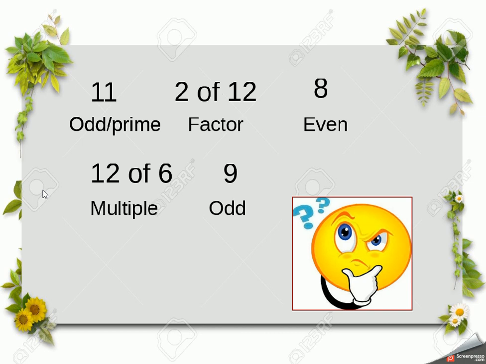And because it's not 12 fitting into 6, it's 6 fitted into 12, that's telling us that 12 is a multiple of 6. 6 will go into 12 twice. And then finally 9, well, 9 isn't a prime number because we can divide 9 by 3 and give us 3. And it's also an odd number because it ends in either 1, 3, 5, 7 or 9.